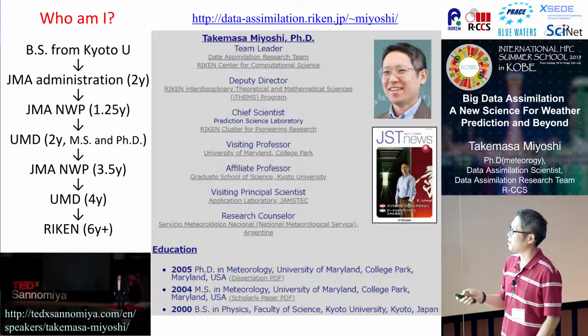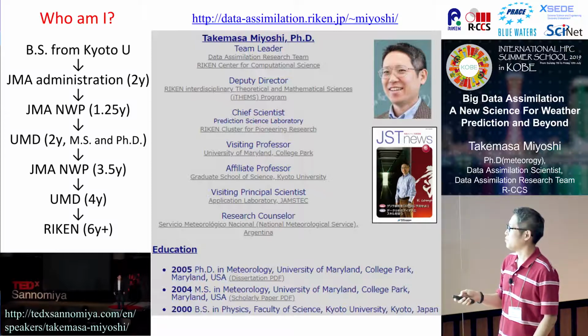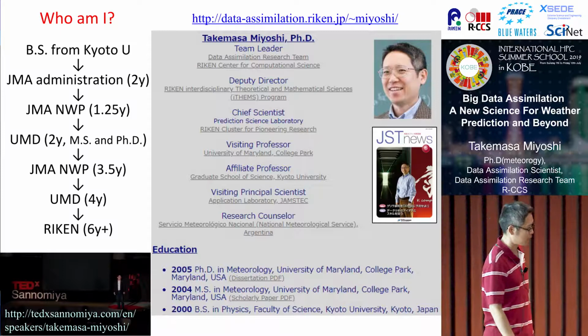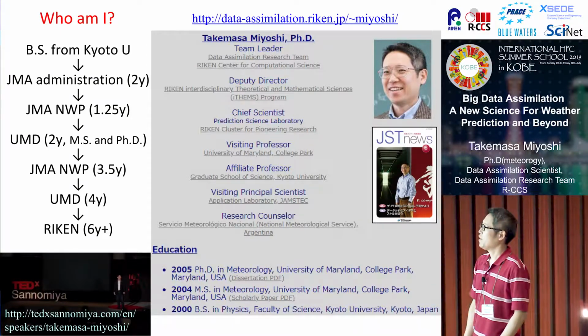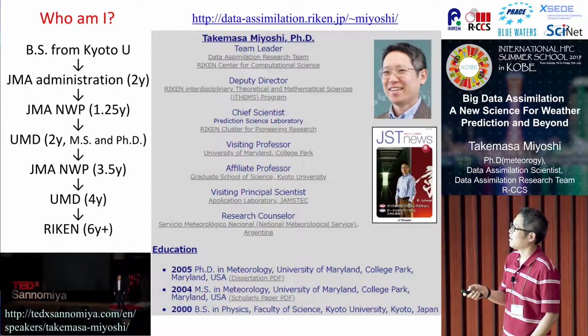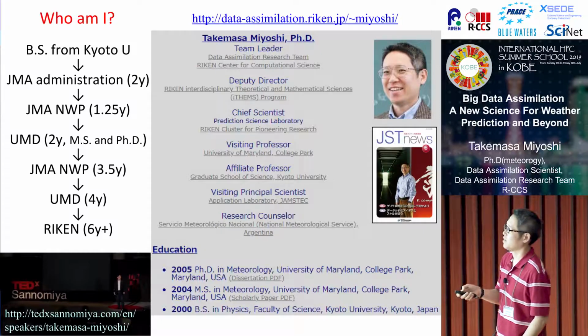And then I quit the JMA and moved to the University of Maryland as faculty. I was an assistant professor there. So I had experience in the government office, as a graduate student, and as a faculty member at the same university, in the same department of meteorology at that time, though they changed the name to the Department of Atmospheric and Oceanic Science.